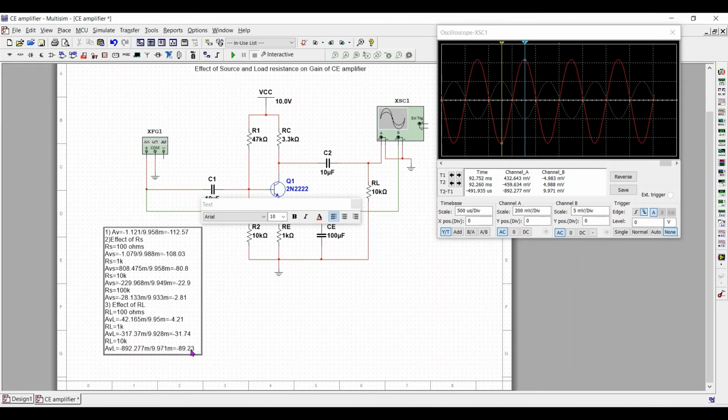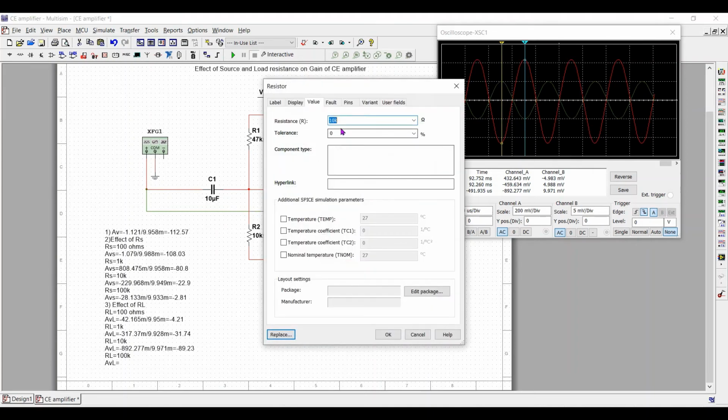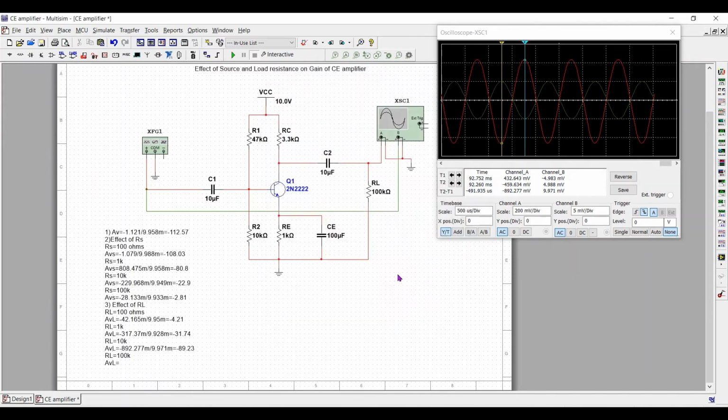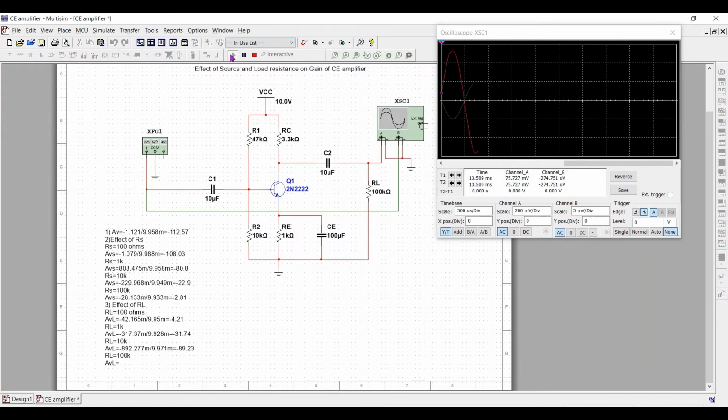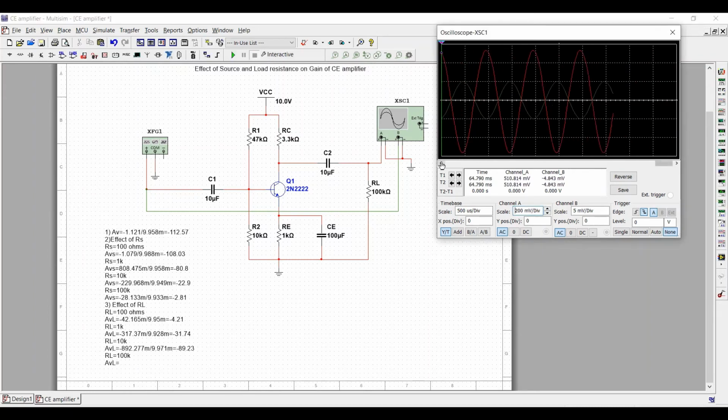So we can see it has further increased. The last value which we will be taking is RL is equal to 100K. Let's see the gain over here. AVL is equal to, change it to 100K. Observe and take the peak to peak values.